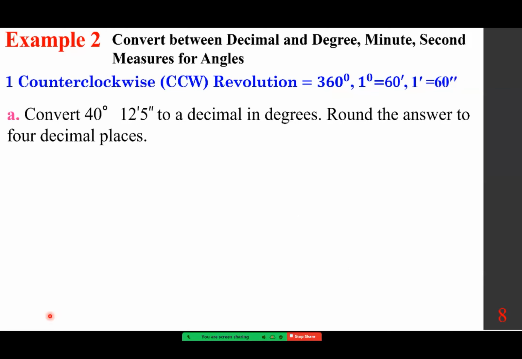In other words, 1 degree is 60 times 60, 3,600 seconds.